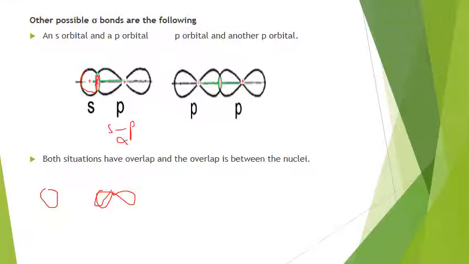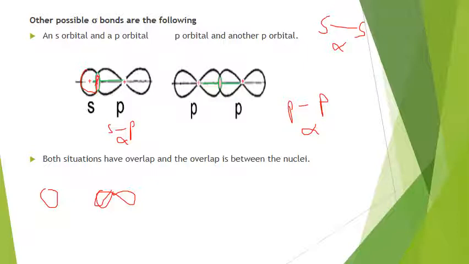So you can have an sp sigma bond as well as an ss sigma bond. The last example was an ss sigma bond. And also you can have two p's forming an overlap between two protons, and this would be a pp sigma bond.